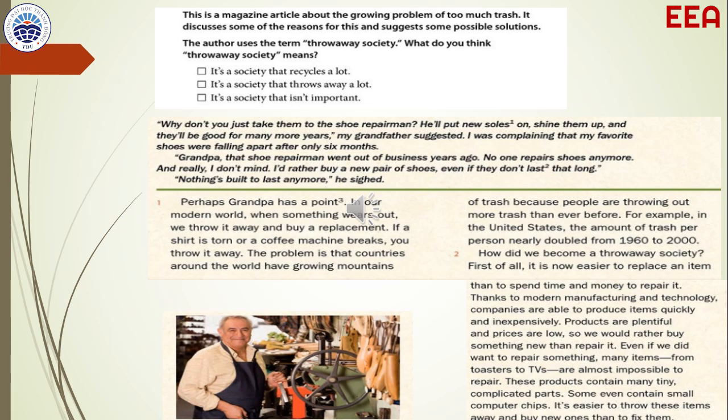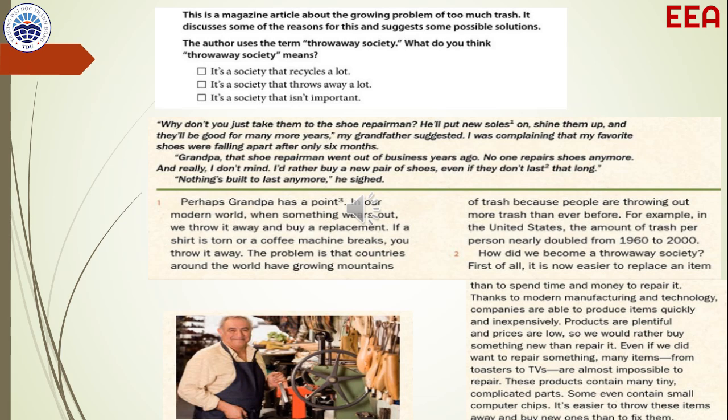First of all, it is now easier to replace an item than to spend time and money to repair it. Thanks to modern manufacturing and technology, companies are able to produce items quickly and inexpensively. Products are plentiful and prices are low, so we would rather buy something new than repaired.